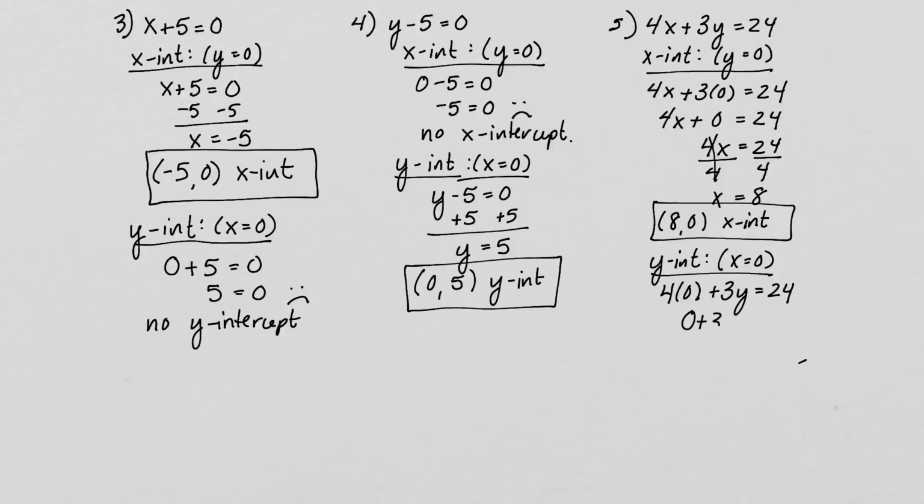So 0 plus 3y equals 24. Divide both sides by 3. So y is going to be equal to 24 over 8. So that means the y-intercept is 0 for the x and 8 for the y.